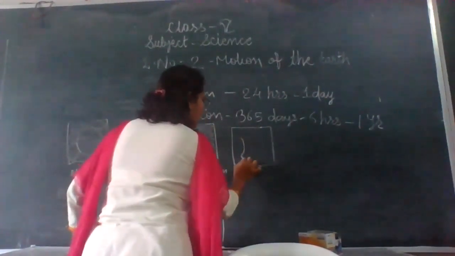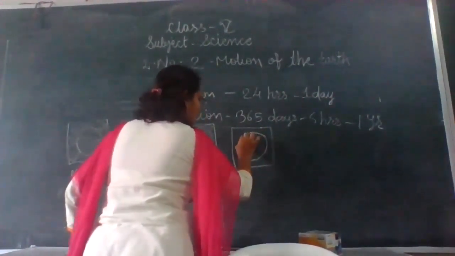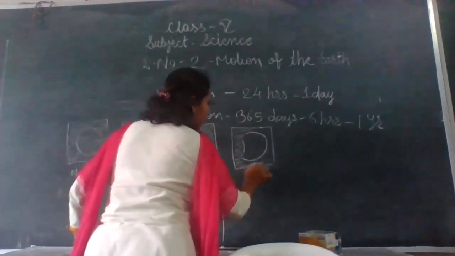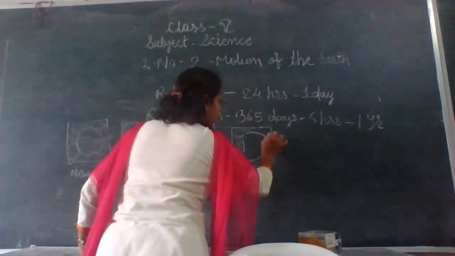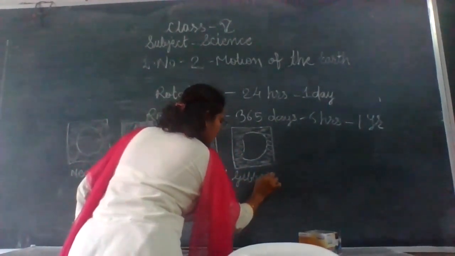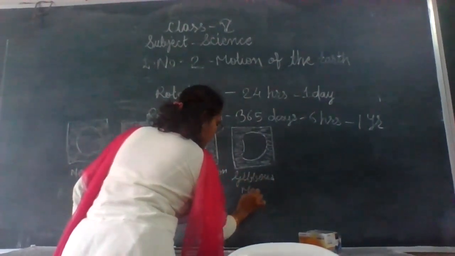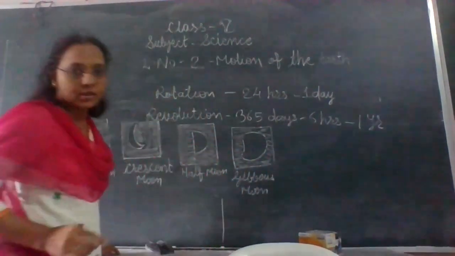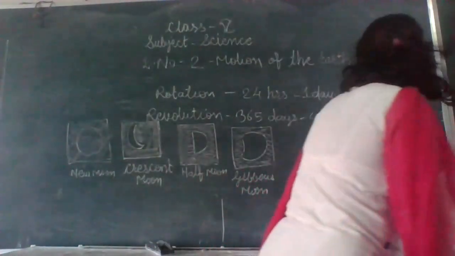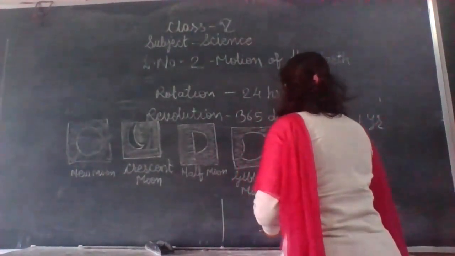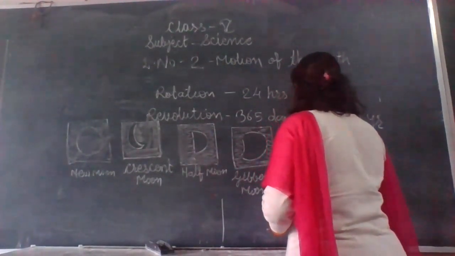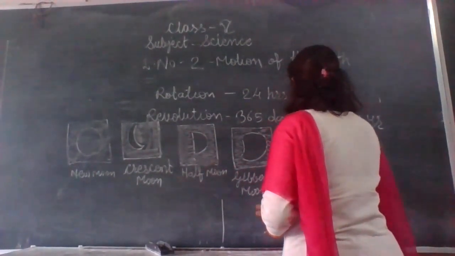So we see this much portion of the moon. This is the gibbous moon. And on the full moon day, we see a complete moon shining in the sky.